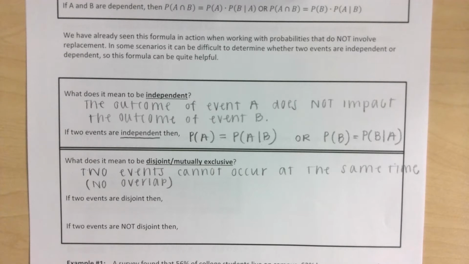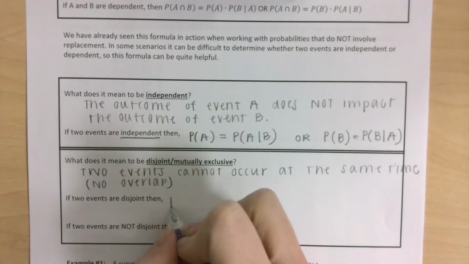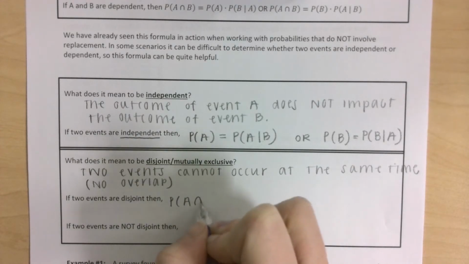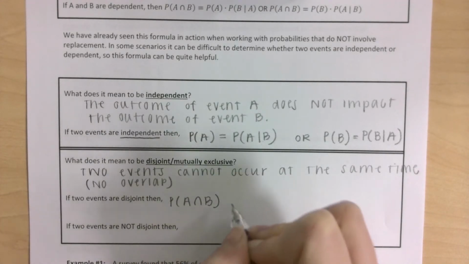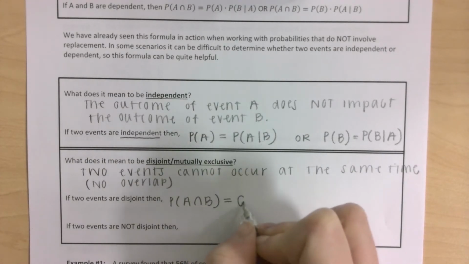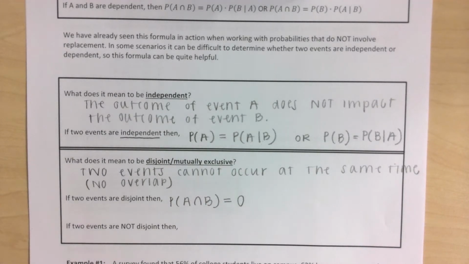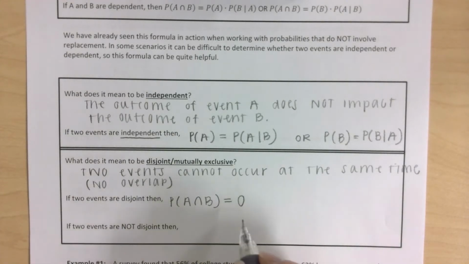So if two events are disjoint and there is no overlap, then the probability of A and B occurring, the probability that both events happen at the same time, should be 0. If the two events are not disjoint, then the probability of A and B will be something other than 0.